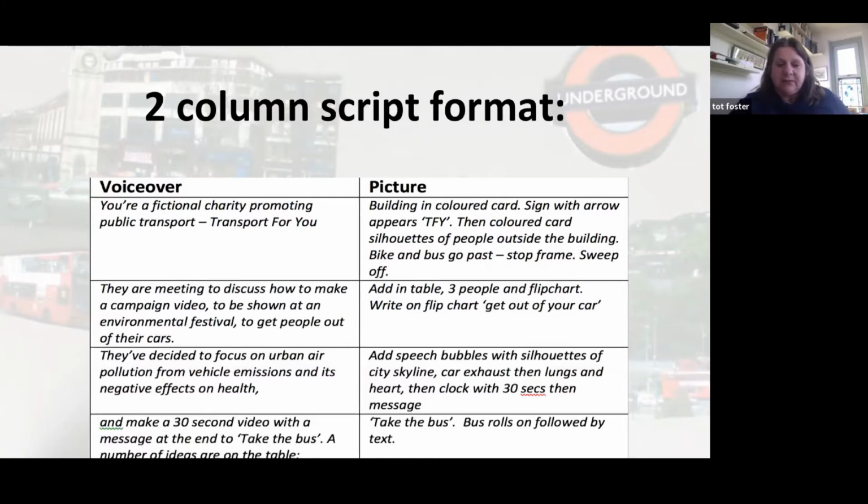Now, a lot of people like to use storyboarding, where you make sketches to plan out a film. But personally, I use this method instead, partly because I'm not very good at drawing, but also I tend to think more in words, and I know in my mind what a building in coloured card is and a sign that says TFY says. I don't particularly need to draw that out.